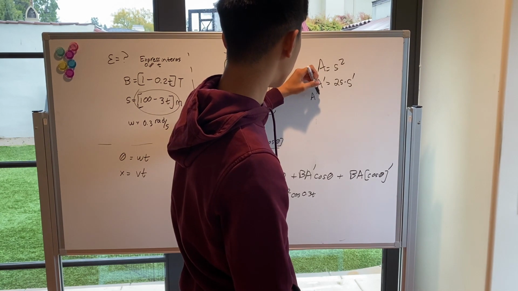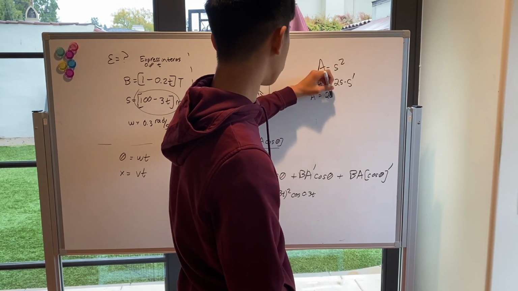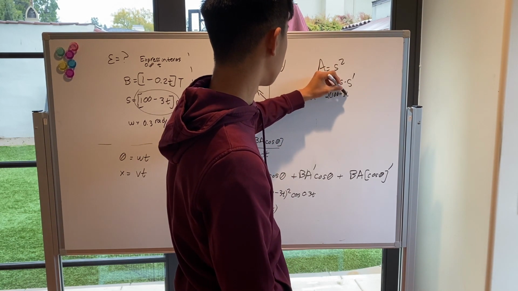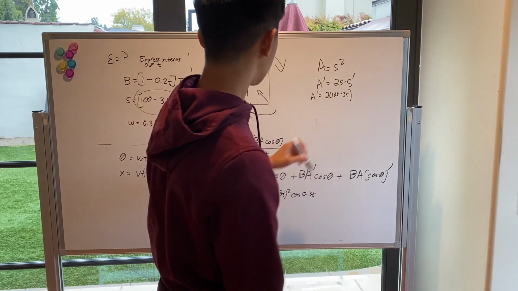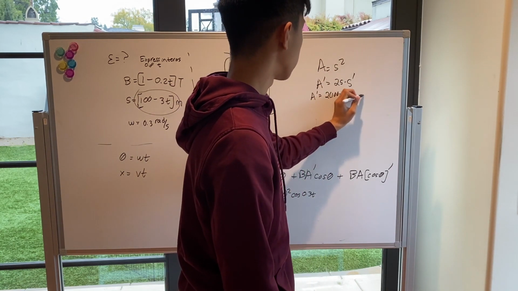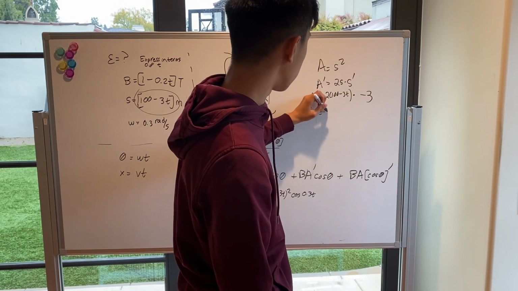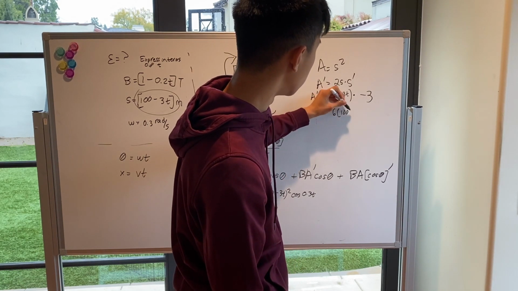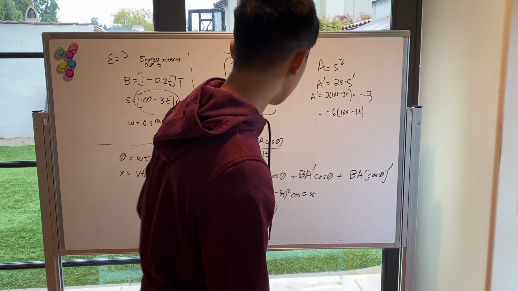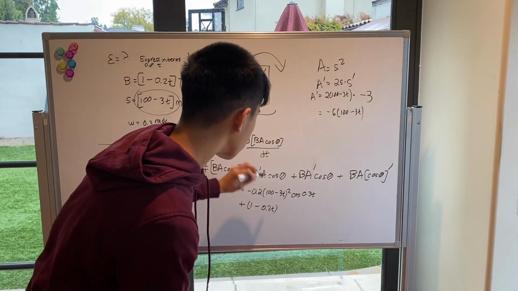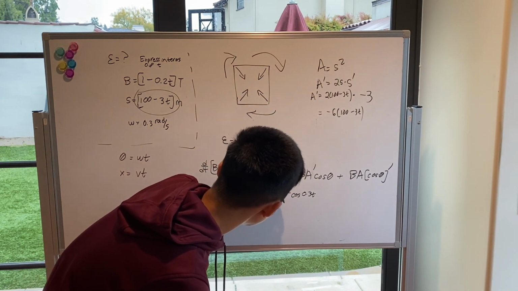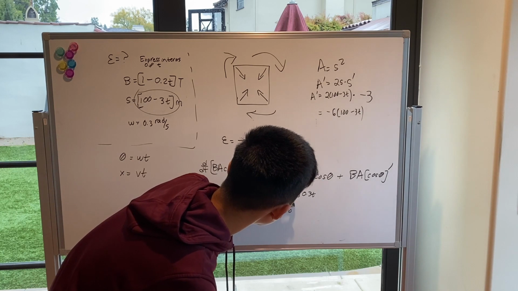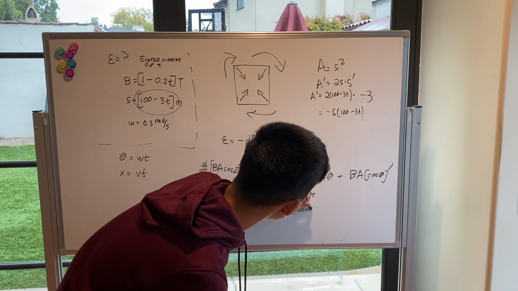So A prime, therefore, is equal to 2 times (100 minus 3t) times the derivative, which is just negative 3. So that's negative 6 times (100 minus 3t). So let's bring that down, times negative 6 (100 minus 3t).